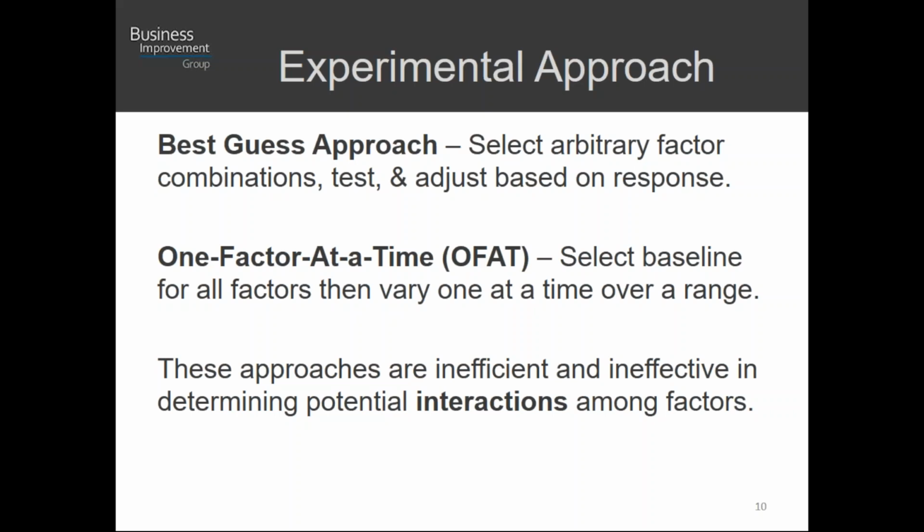And both of these approaches are neither efficient nor effective in determining what we call potential interactions, right? Where the outcome of the final result based on one setting could be influenced by another setting. And the example we always use here, say, when you're cooking, time and temperature are two factors that are related, right? So as I increase temperature, I have to decrease time, and vice versa.